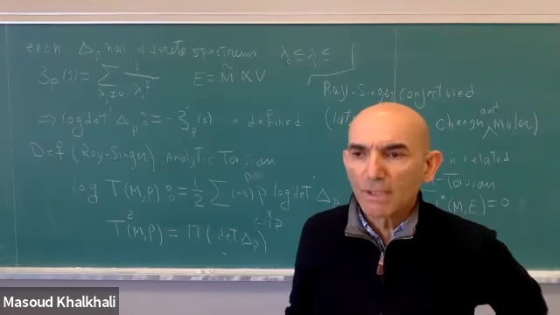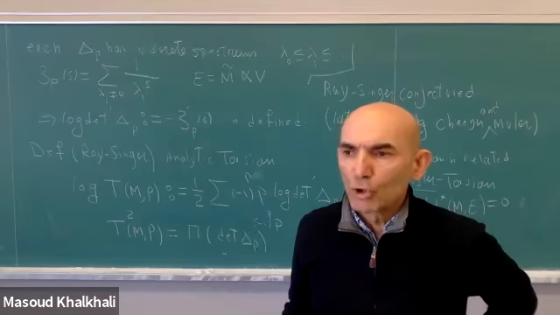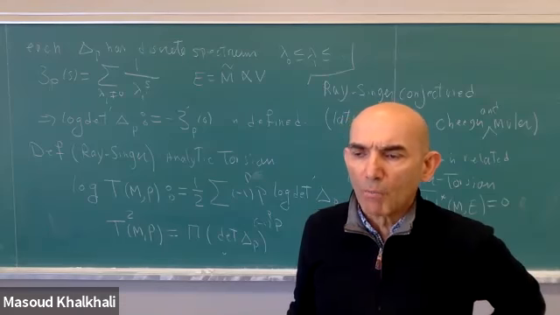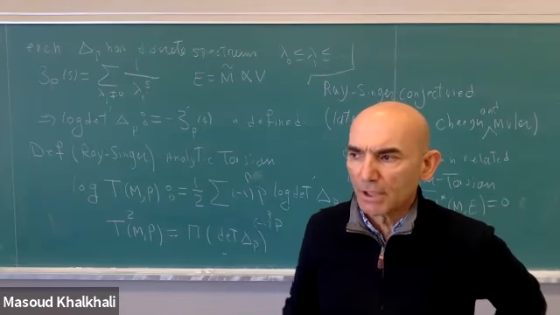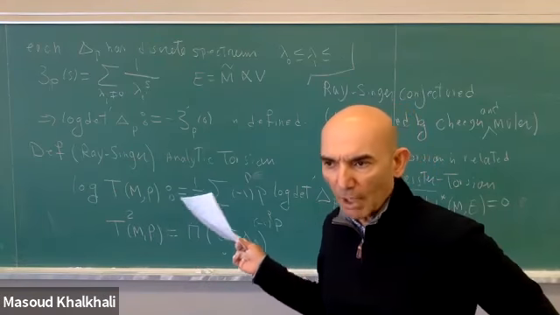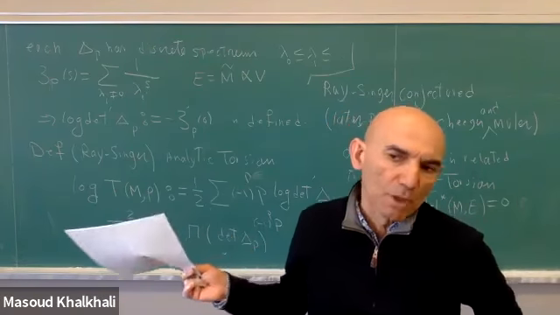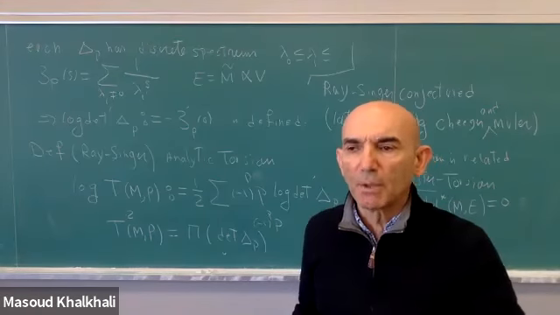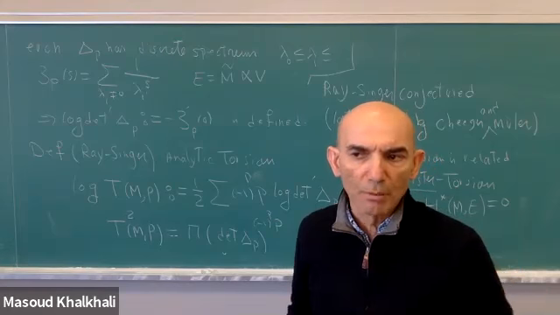Yes, I suppose so. In the same way they introduce classes in K groups, as unbounded KK cycles, you can define unbounded KK cycles by this method. I'm working only with the smooth ones, so you have some dense subset of this Hilbert module, and this works.